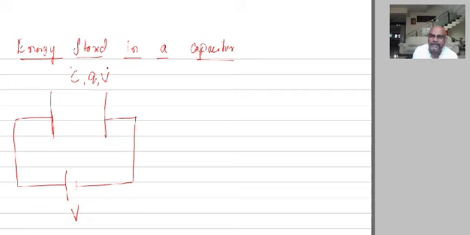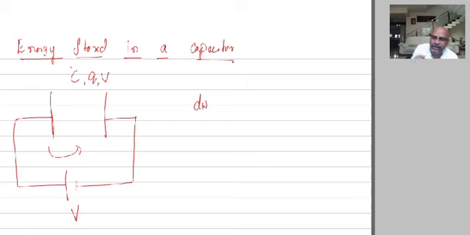C is the capacitance of the capacitor. It is constant always. Now to transfer the charge at this instant of time, work has to be done. And what is the work done in transferring the charge? Say the work done in transferring the charge is dW.